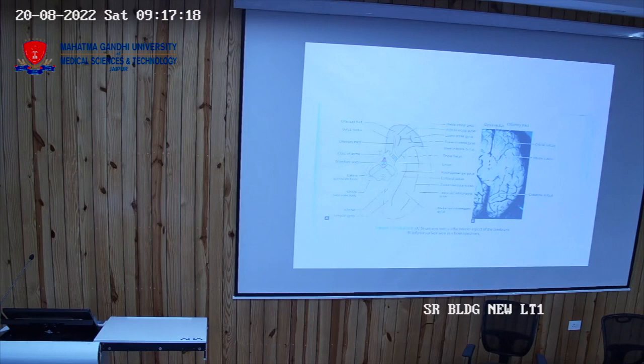So many tried to differentiate these areas, but the better one, which we still follow, is Brodmann's classification. Brodmann classified the cerebral cortex into 47 areas, and he numbered these areas.